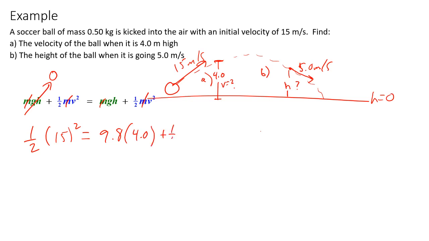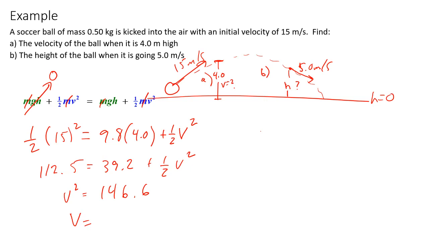What is its velocity at that point? This is what our equation should look like. Okay, if we plug and chug some numbers and solve for v squared, we'll end up with 146.6. If we square root that and chop it for sig figs, we'll get that our velocity at that height is 12 meters per second.